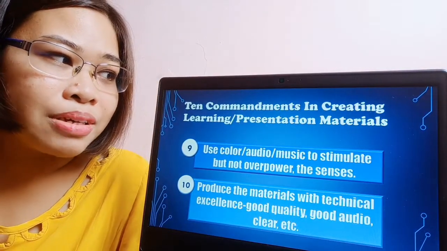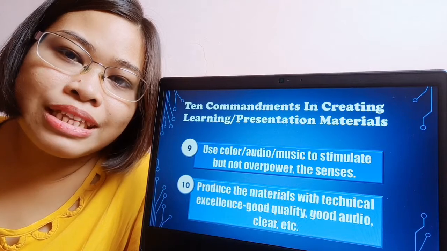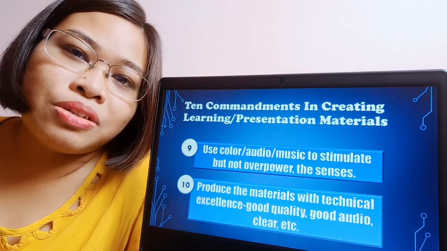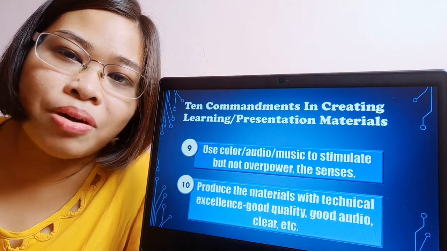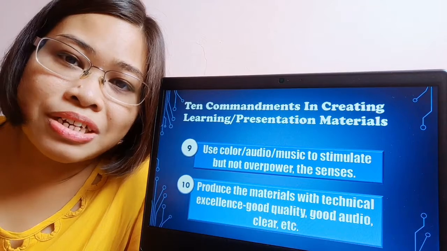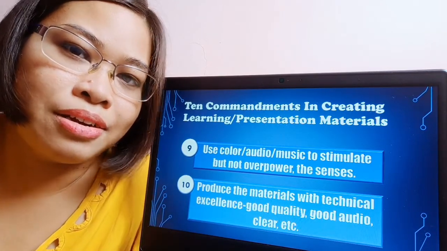These 10 commandments will help us to teach effectively, clearly, and so that we might motivate our learners, be encouraged, and stay stimulated while they are learning.